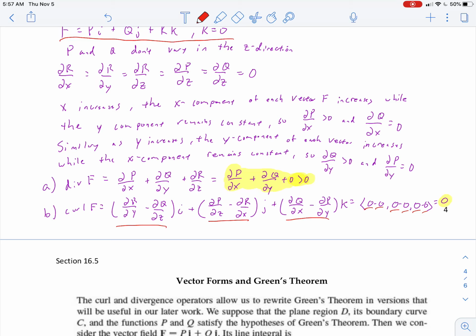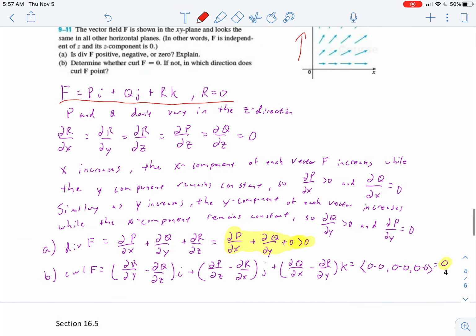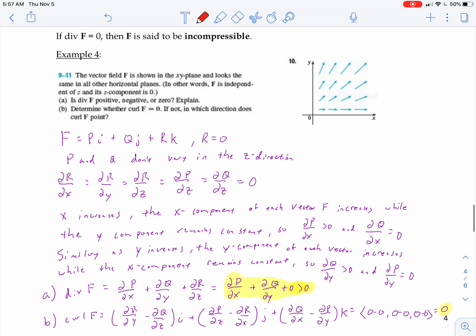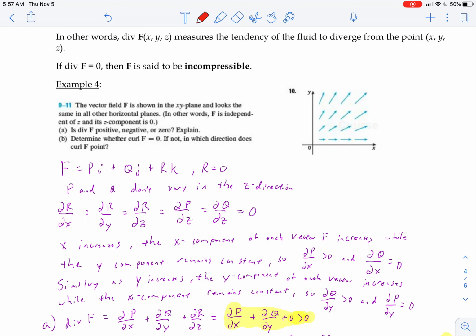And because I'm getting 0 values for all of these, the curl is going to be 0. So that's one way to tell, working through all this and finding out what all your partial derivatives should be. Another point is, let's go ahead and draw a region there.